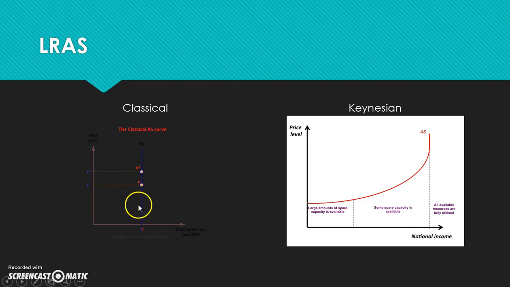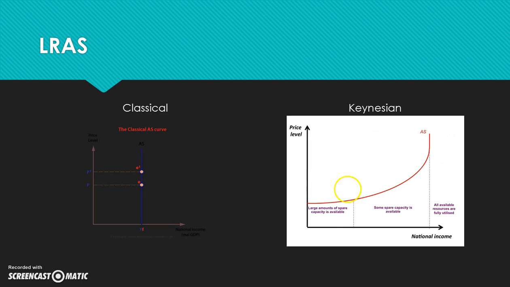It can do, but something very large would have to happen in your economy for that to occur. So day to day, long run supply is fixed. That's why it's like that. So it doesn't matter what is happening to aggregate demand, the amount being supplied will stay the same in the long run. This is different though in Keynesian.